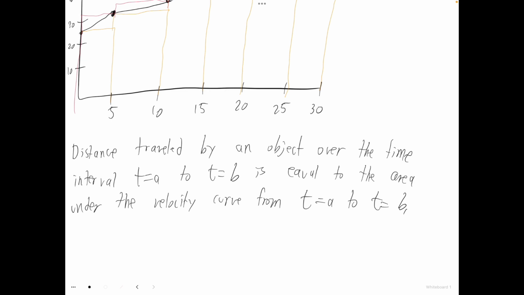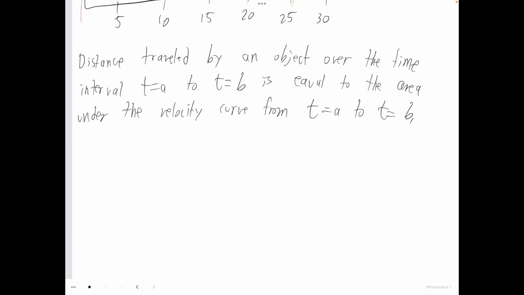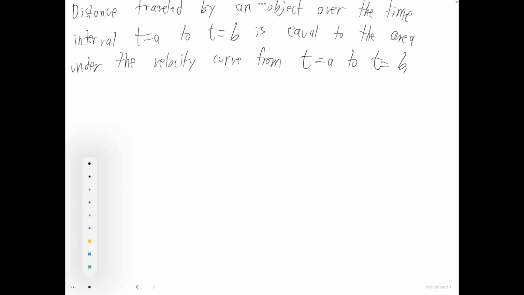And so in particular, we can write down a limit to do this. Just using what we talked about before, we're going to let v of t be the velocity function. And then delta t is going to be the change in time.